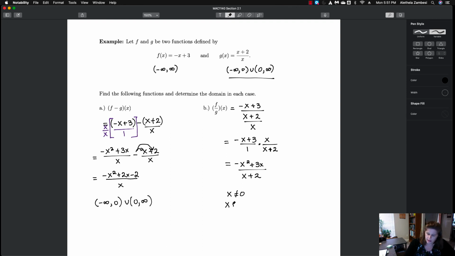And also now x plus 2 cannot equal 0. So x cannot equal negative 2 as well. So my new domain for this division of functions is from negative infinity to negative 2, negative 2 to 0, and 0 to infinity.